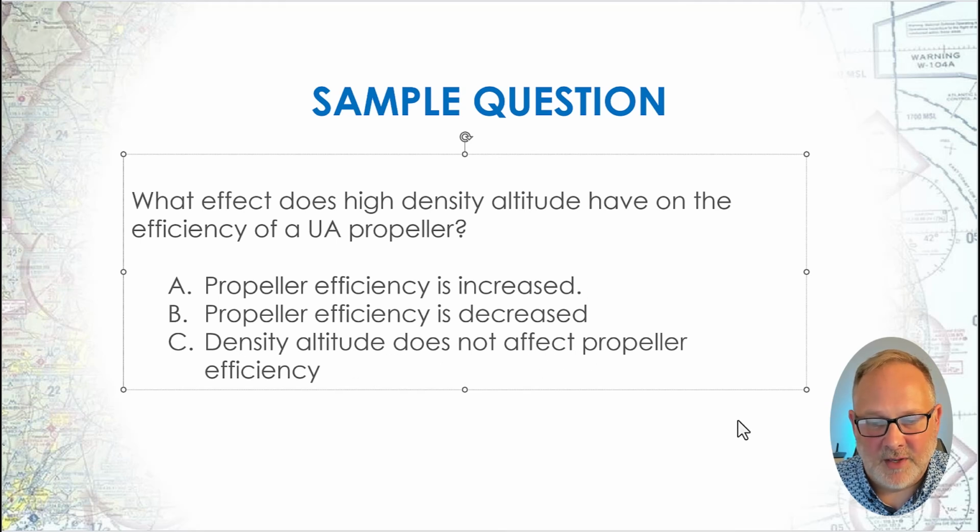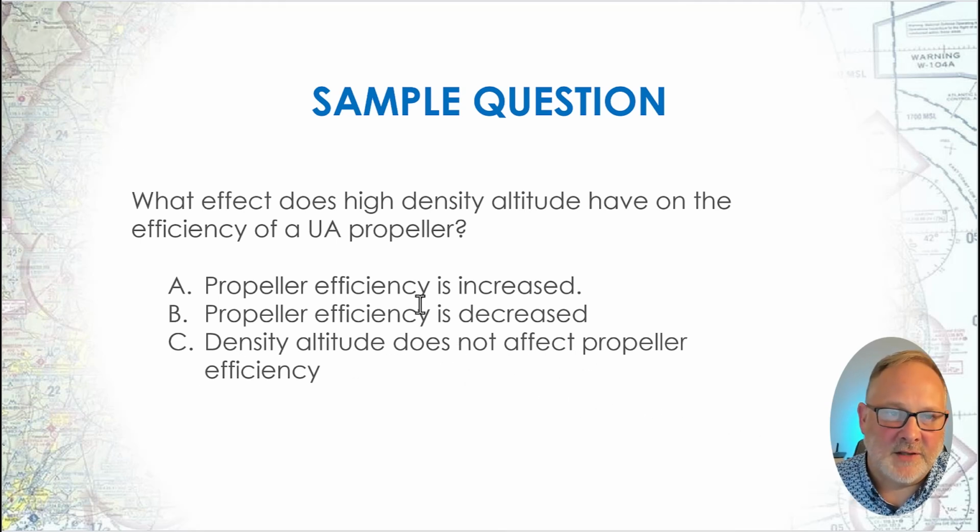Almost always it's going to be, when something's going to get degraded. So A, propeller efficiency is increased at high density altitude, or B, propeller efficiency is decreased. That's kind of more what we're expecting. Or C, density altitude does not affect propeller efficiency.